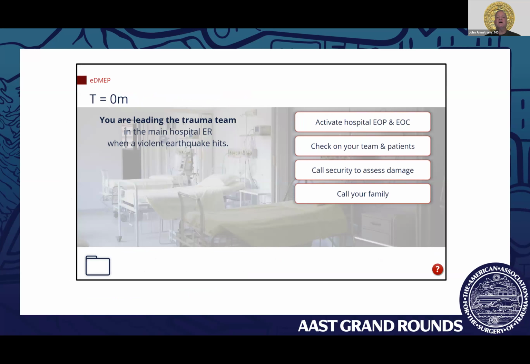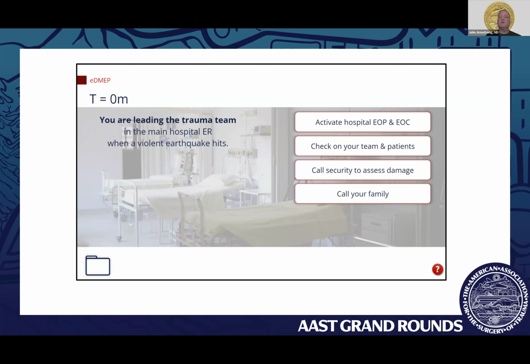What you see on the right of the screen are some of the suggested actions, which would include activating the hospital emergency operations plan and emergency operations center, and checking on the team and patients, calling security, and remembering the personal element about calling your family. We've learned that it's important that those providing care on the front line understand that their family members are safe.